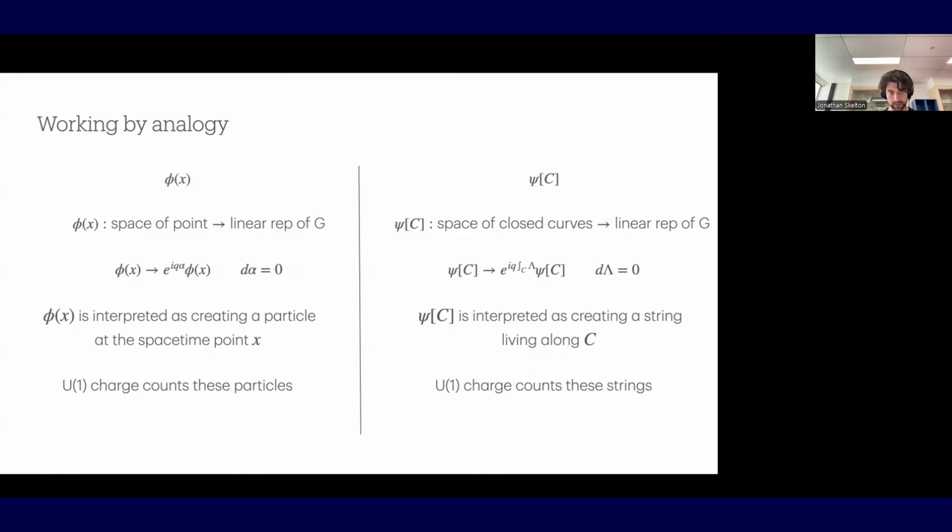So we have the exponential of lambda instead of alpha, where it is a one-form, a closed one-form in this situation, and we can interpret this functional as creating a string living on that curve instead of a particle living on a certain point. And the U(1) charge can still count the number of strings we have in our theory.